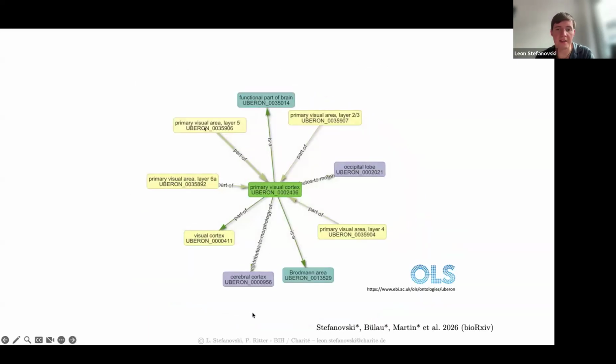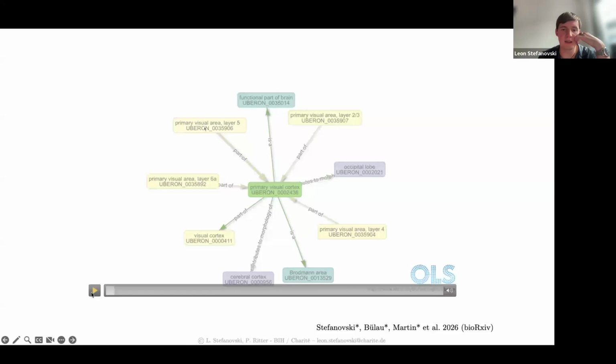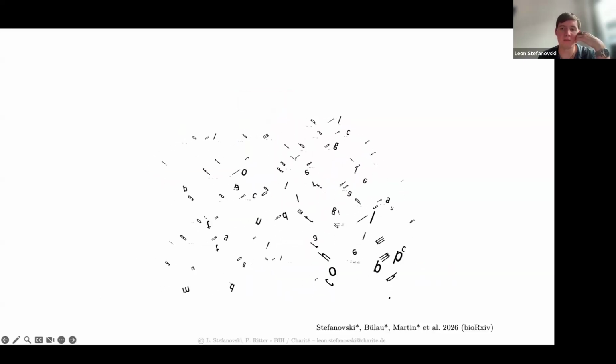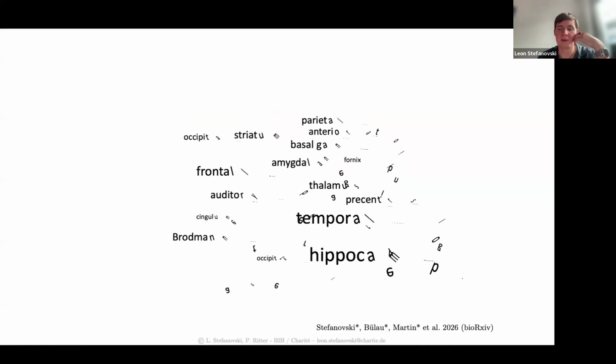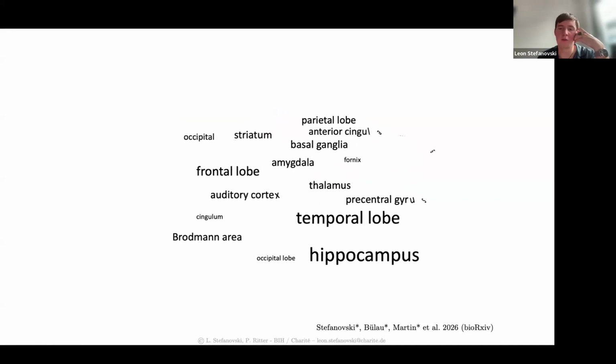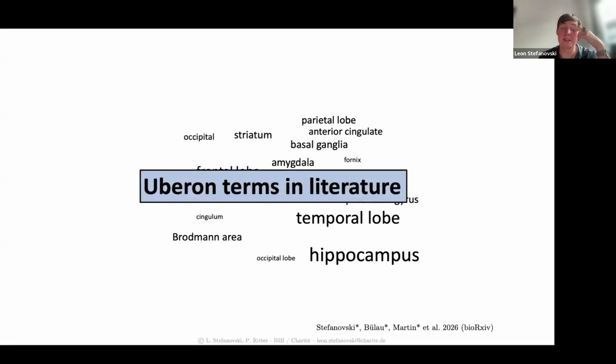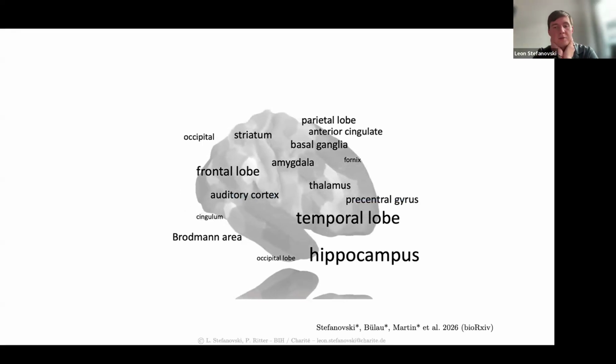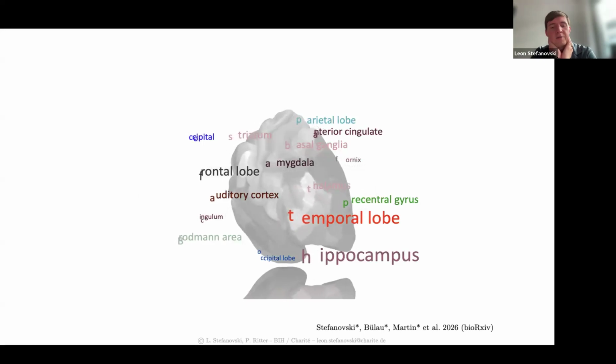What we have to add now is a translation from this word space to the three-dimensional space of the brain. And this is where TVBase comes in. So we manually assigned about 1,000 anatomical terms to the three-dimensional space of the brain by using the cluster parcellation from the Human Connectome Project and very detailed neuroanatomical work.